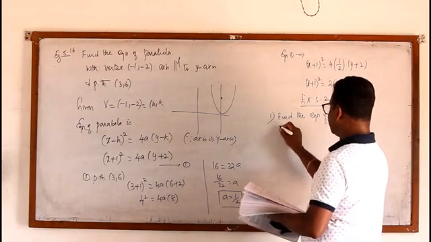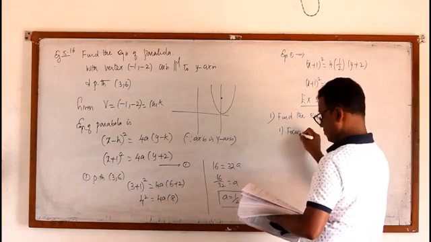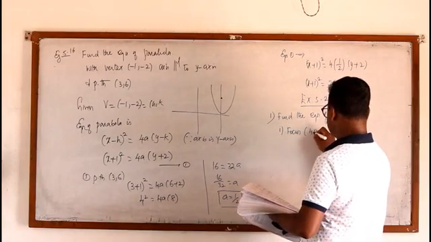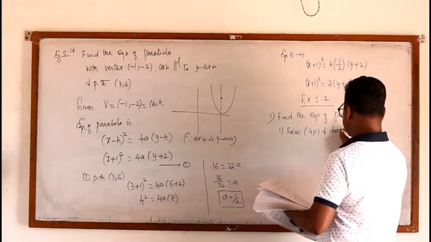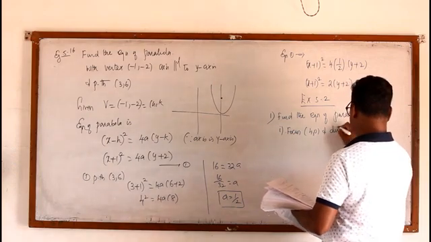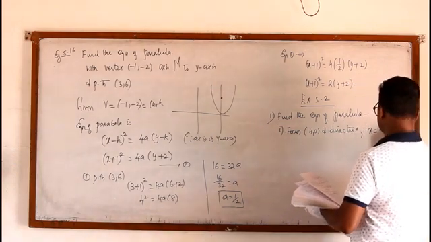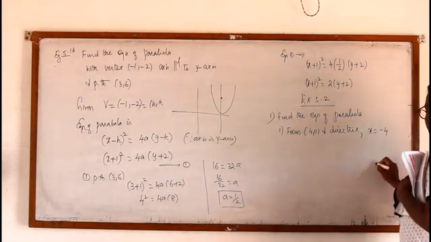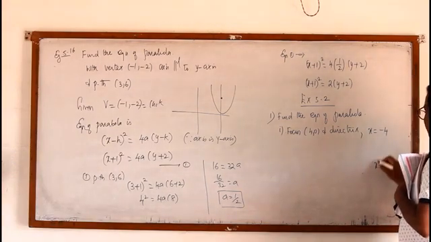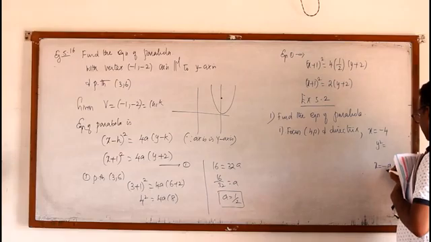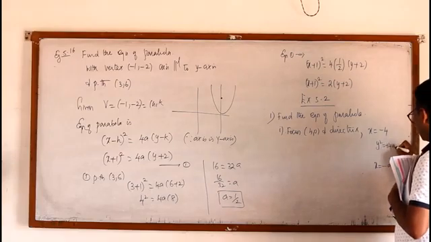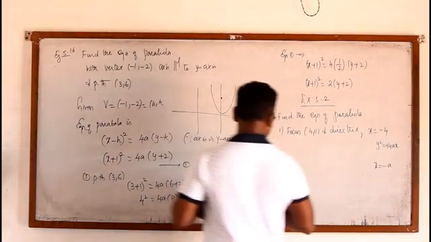In each case, first one, focus is (4, 0) and the directrix is x equal to minus 4. Remember, x equal to minus a means y square equals plus 4ax. So this is the standard equation.